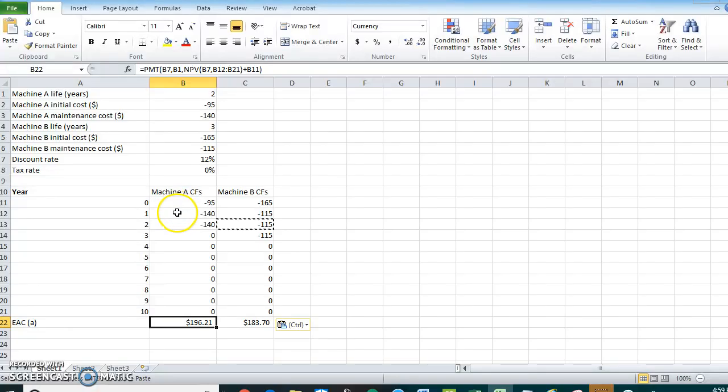And what I'm telling it to do, when I say B12 colon B21, is that I want it to look at all of these cells from B12 to B21.